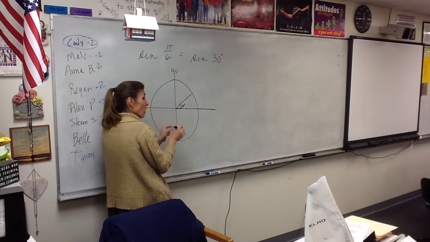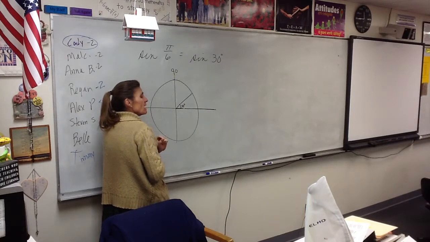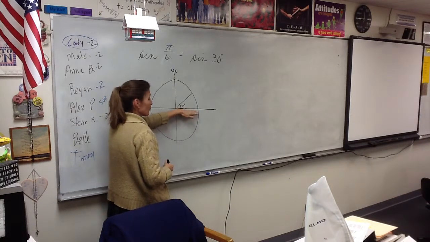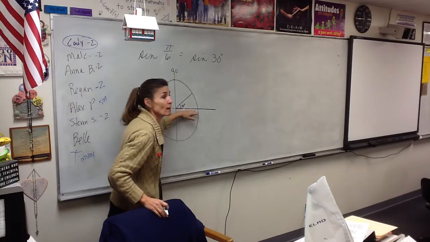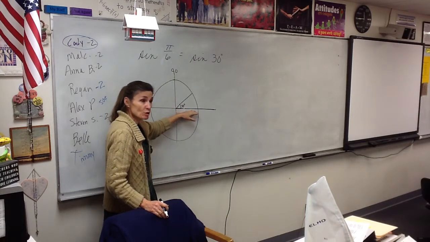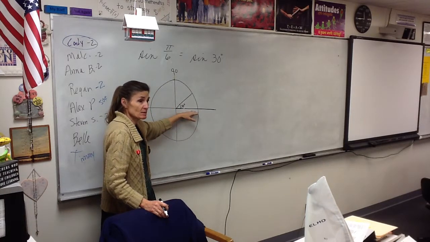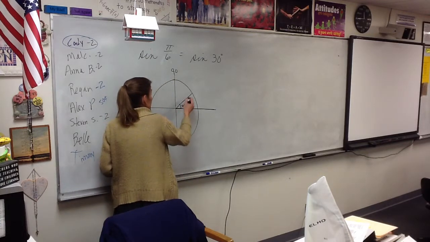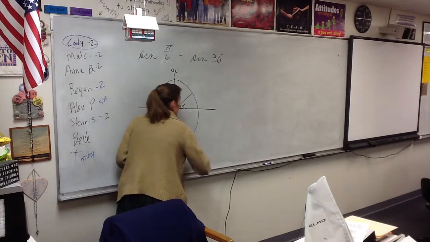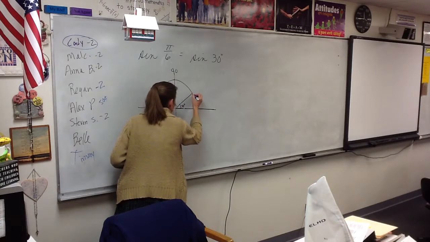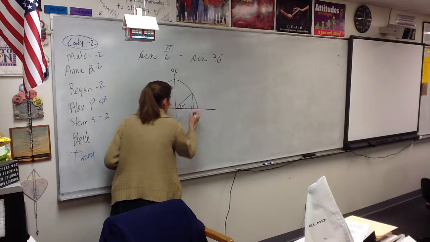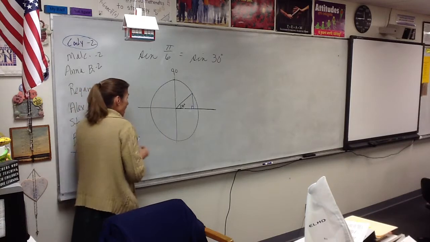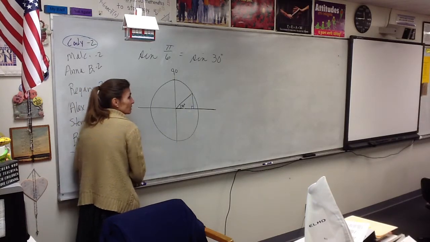Every time you draw a trigonometric angle, you're going to start it right here, unless it's a direction. Then we use our compass that we talked about yesterday. Now, once you get your 30-degree angle drawn, I want you to drop a perpendicular to the x-axis so that you have a right triangle.